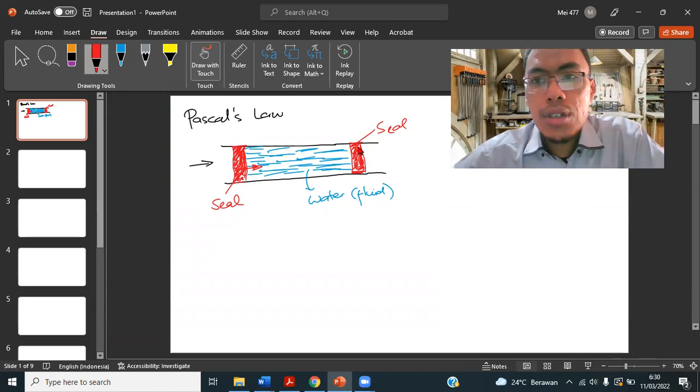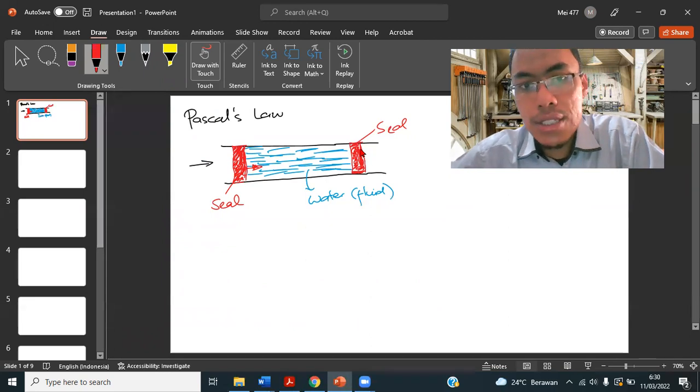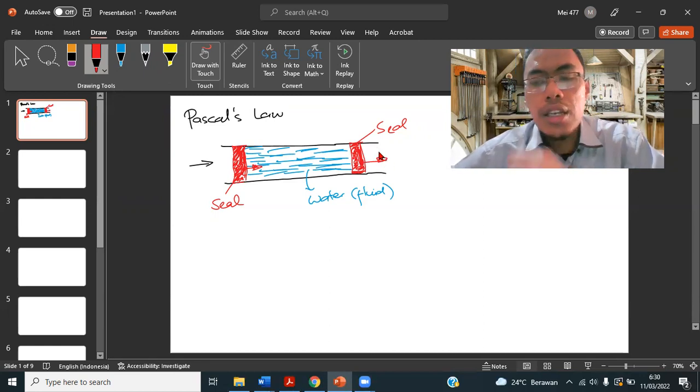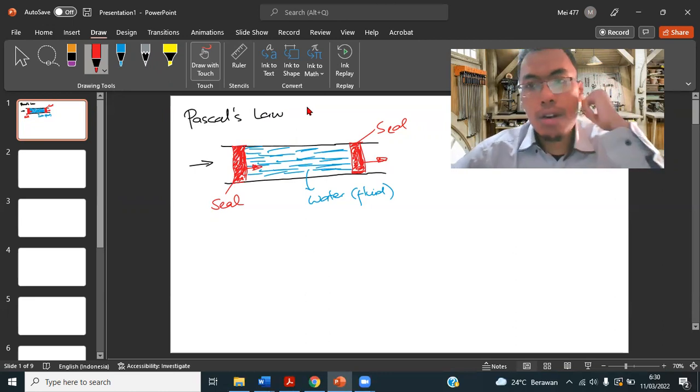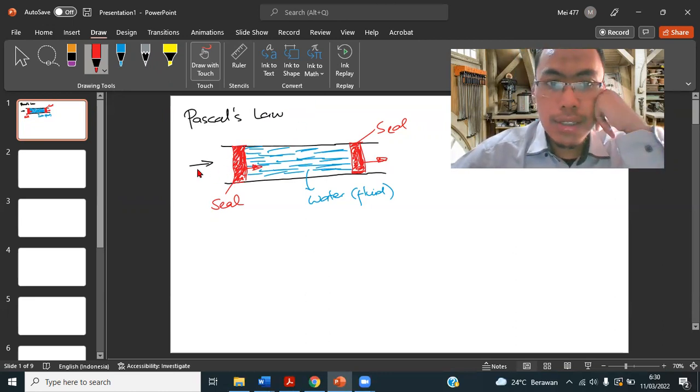And so it will for the second seal, or the seal on the right side, yeah. So in our imagination and also using our logic, this mechanism can happen, ya. Jadi secara logika memang seperti itu, ya. Kita berikan gaya di sebelah kiri ini, maka yang sebelah kanan juga akan bergerak, ya.